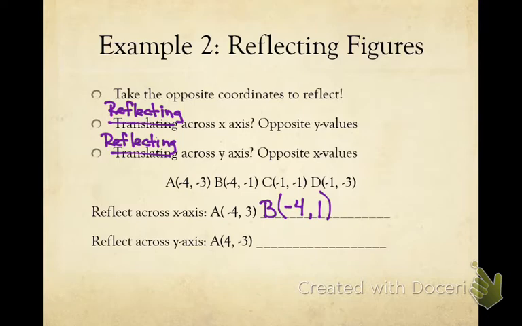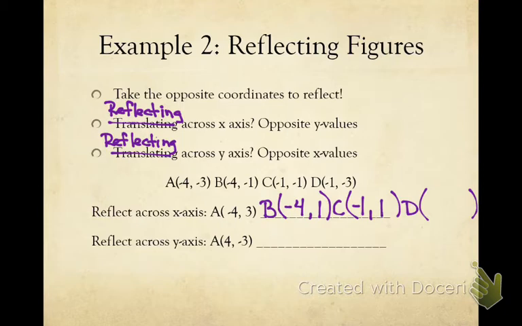Go ahead and try C and D on your paper and compare your answers with your table mate. Does anybody think they know what C is going to be? If I'm reflecting across the x-axis and I have to take the opposite y value, what's going to be my ordered pair, Cheryl? -1, 1.